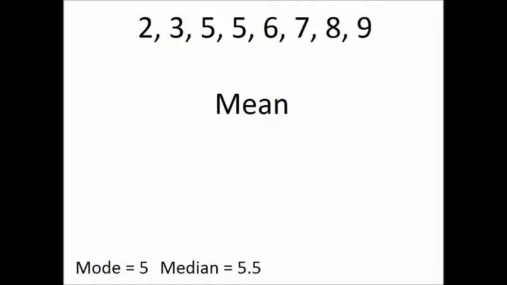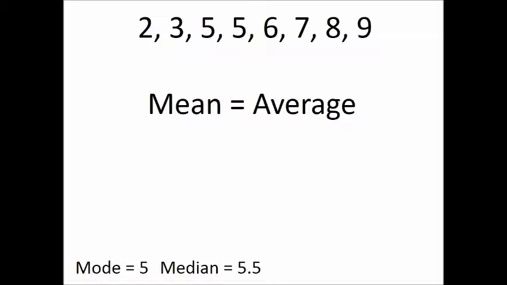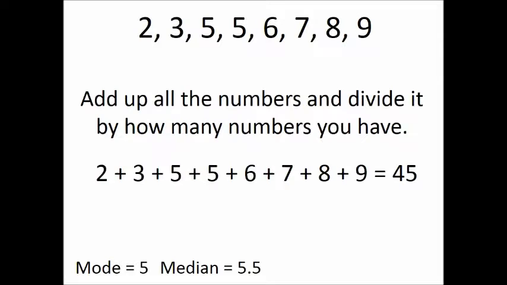Mean. As I said before, mean is something that you already know. Mean is average. Sorry if you hear the crying baby in the background. Average is you add up all the numbers and divide it by how many numbers you had. So 2 plus 3 plus 5 plus 5 plus 6 plus 7 plus 8 plus 9 is 45.